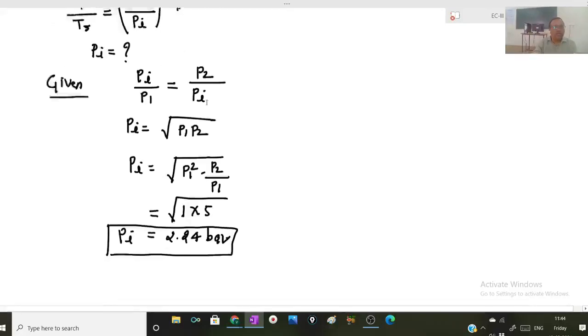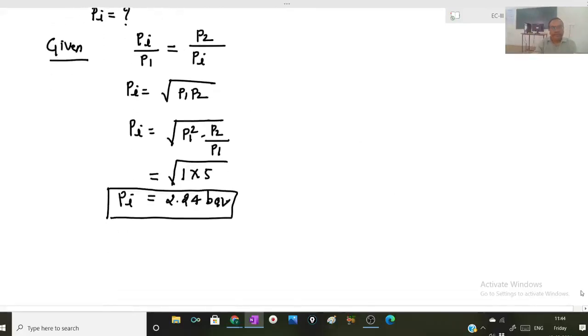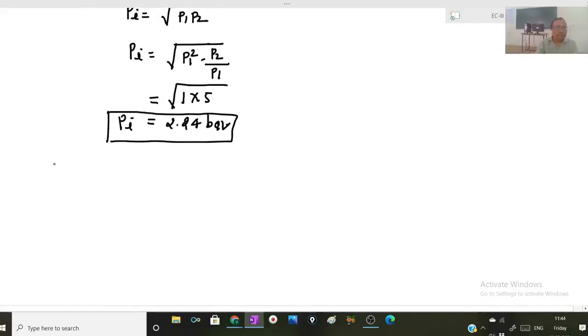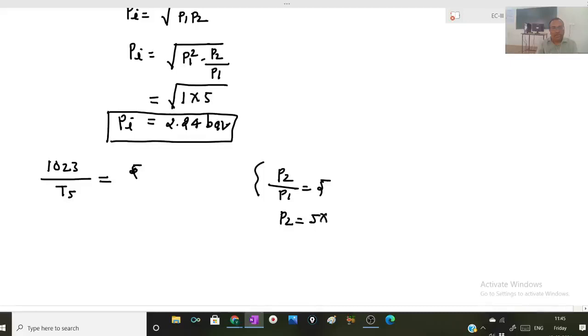So from here, T4 is given to me 1023, T5 is not known to me, okay, and P2 by Pi, P2 will be 5 because P2 by P1 is given as 5, so P2 will be 5 into 1, the value of P1 is 1.